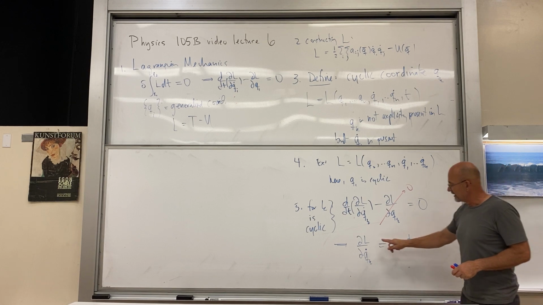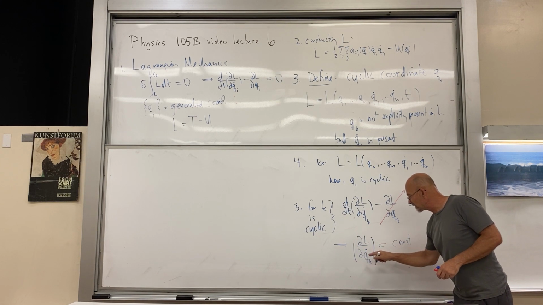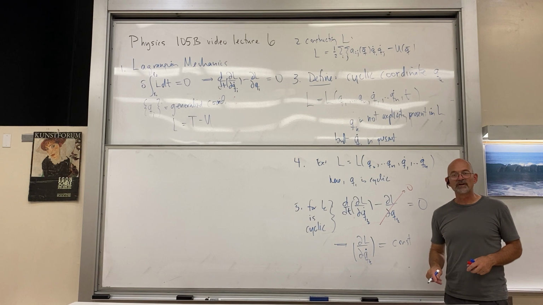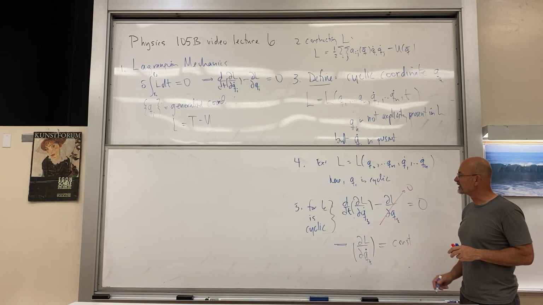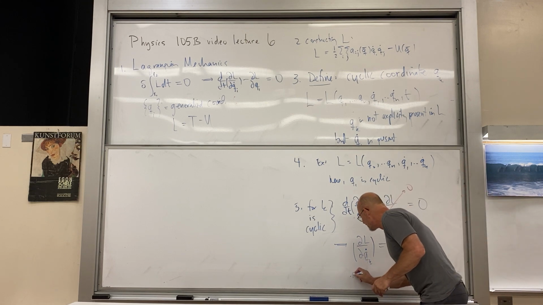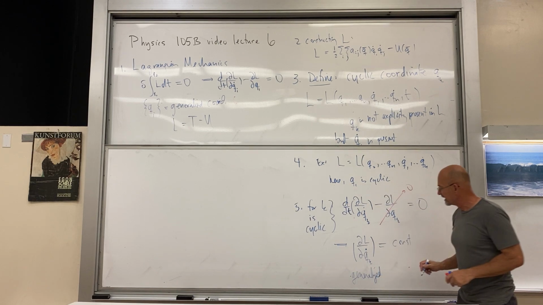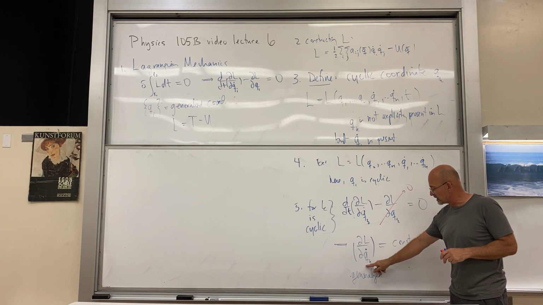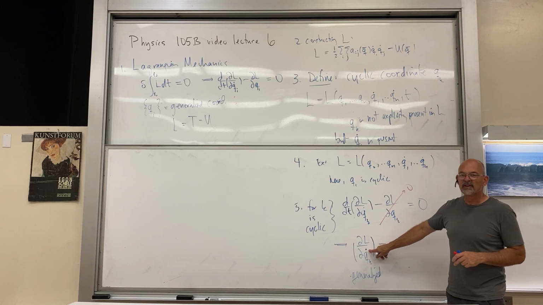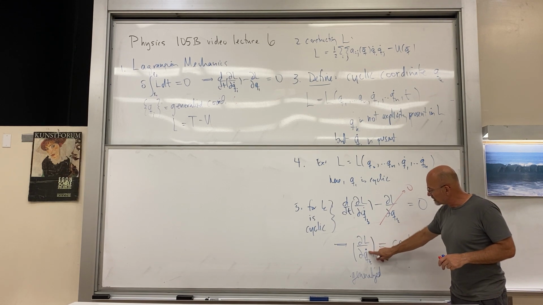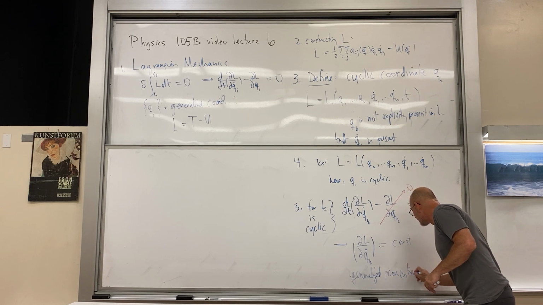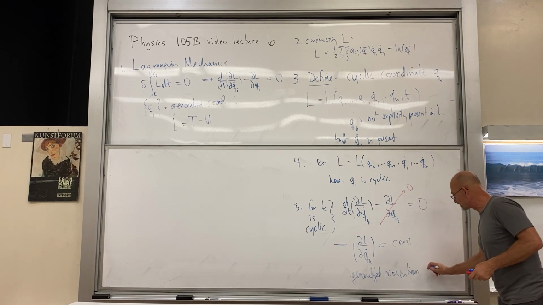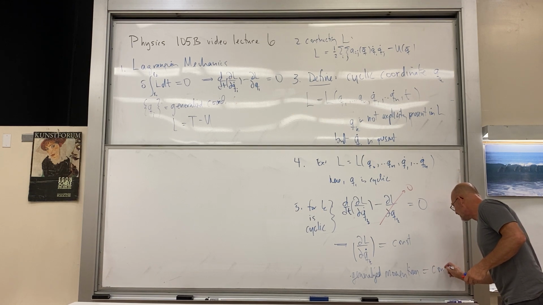And this partial L partial q_k dot is referred to as a generalized momentum. I haven't brought that into play yet. q_k is a generalized coordinate, q_k dot is a generalized velocity, partial L partial q_k dot is a generalized momentum. And under these circumstances, it's constant.